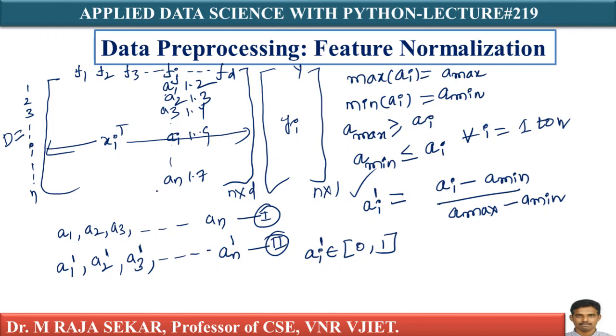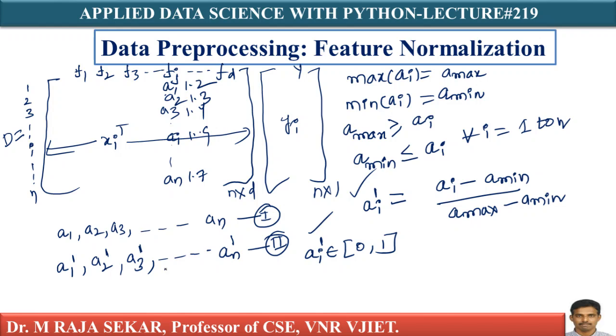I can transform these numbers by applying this formula, Ai dash equal to Ai minus A min by A max minus A min, such that your Ai dash lies between 0 and 1. You can easily see this with this formula, right?